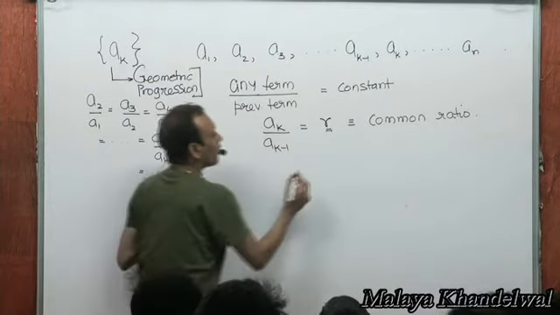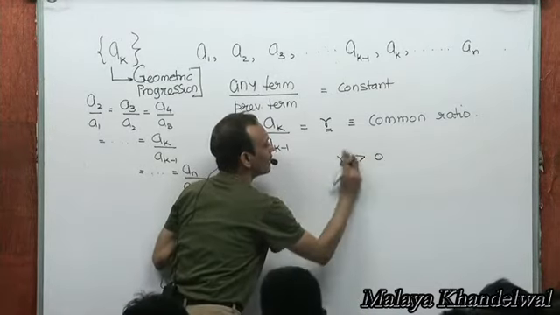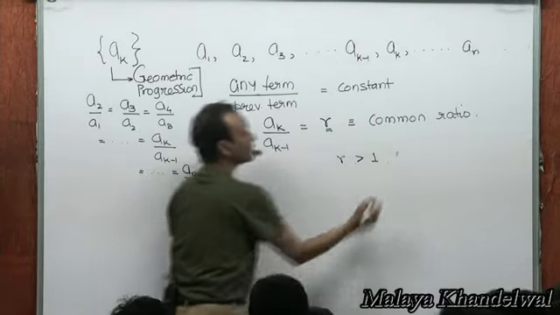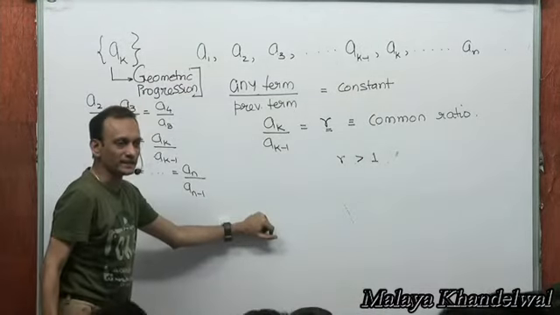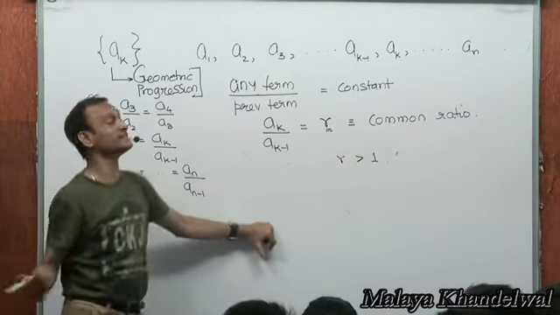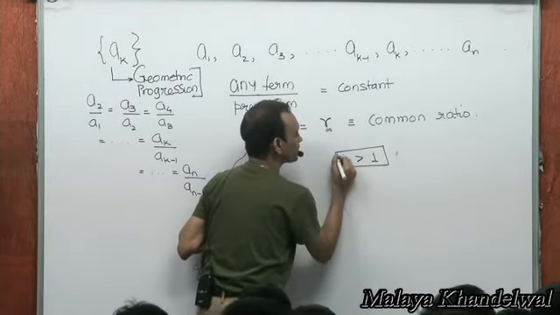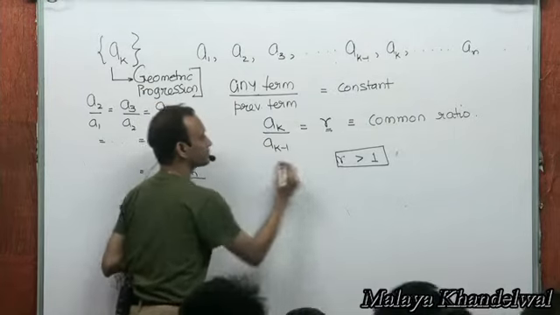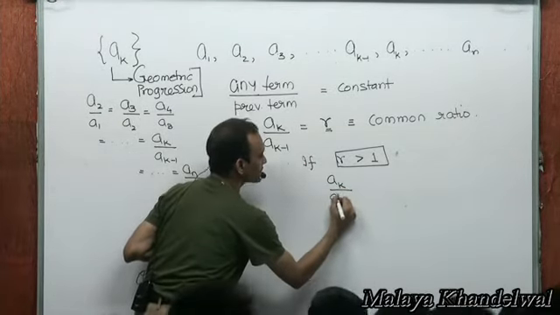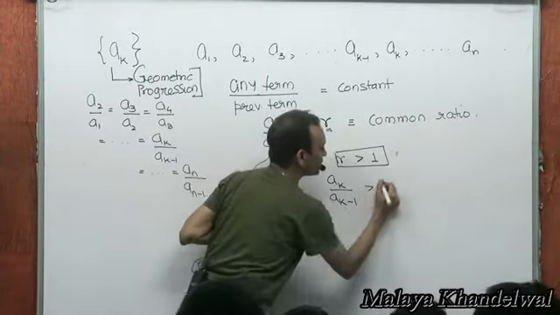Now, R can be greater than 1, or it could be less than 1. If R is greater than 1, then A_K by A_K minus 1, any term by previous term, will be greater than 1.